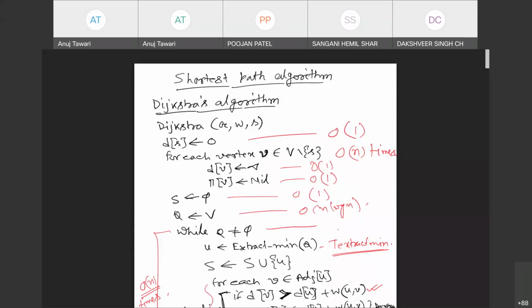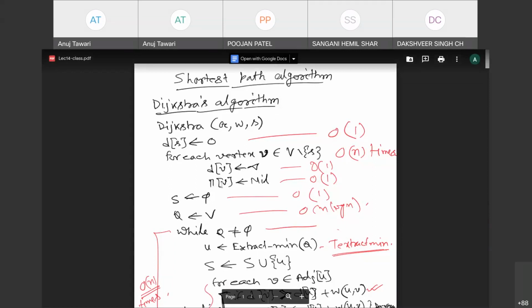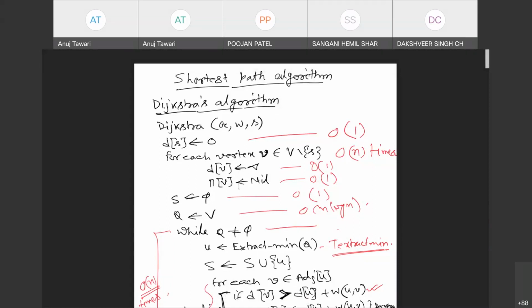And this algorithm not only gives the shortest path length, but it also returns that particular path. That is why we had this parent pointer, which is the vertex preceding V in the path.